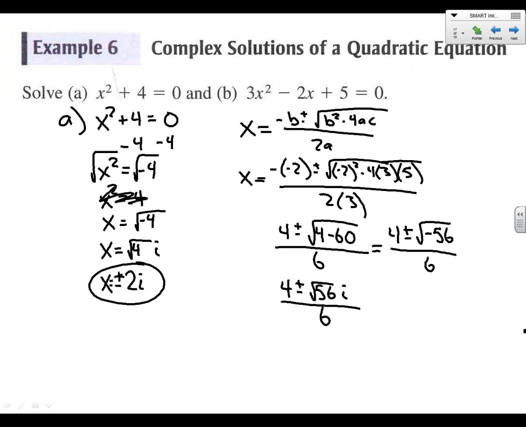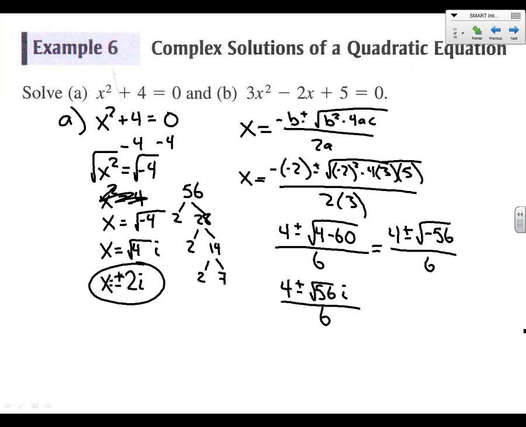And does 56 have any perfect squares that come out of it? Let's see. That would be 25 plus 3, 28. So that would be 2 and 14. That would be 2 and 7. So yes, it does.